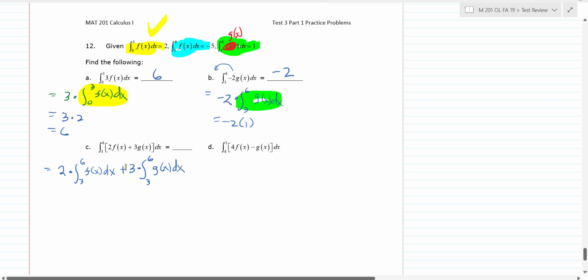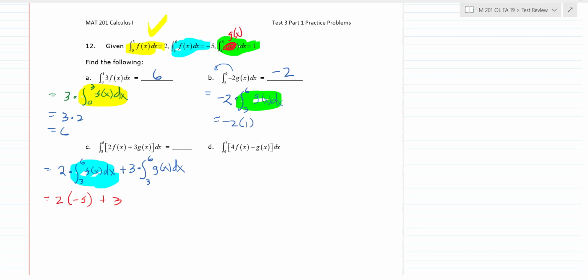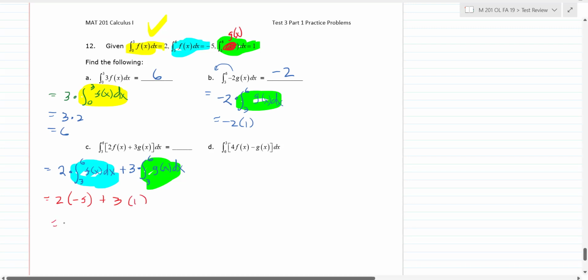The integral of f of x from 3 to 6 was given as negative 5, so we're going to have 2 times negative 5 there. Were we given the g of x? Yes, that was 1. So we're going to have 3 times 1, so that would be negative 10 plus 3, which is negative 7. That's how that goes.